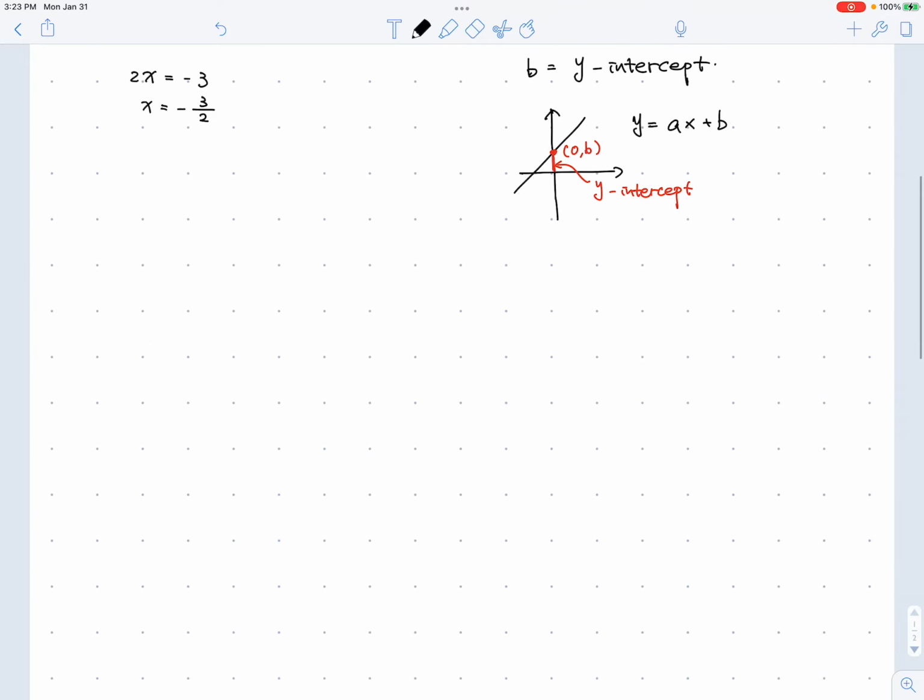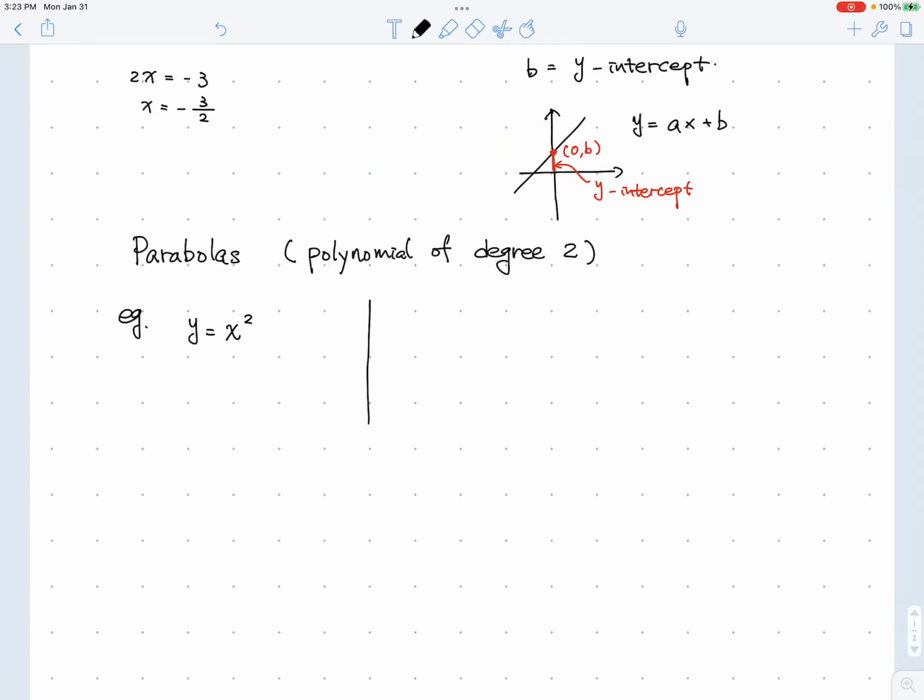Now what about a polynomial of degree 2? That will give you parabolas. For example, y equal to x squared.